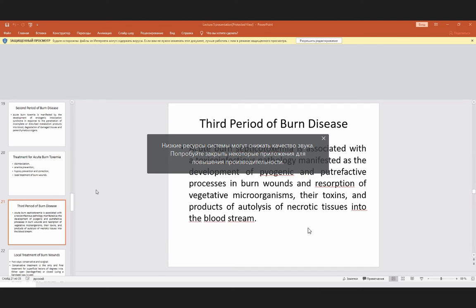They start with debridement of the burn wound with warm soapy water, detergent or shampoo. Then surgical spherical treatment of the wound with 3% hydrogen peroxide solution is performed.